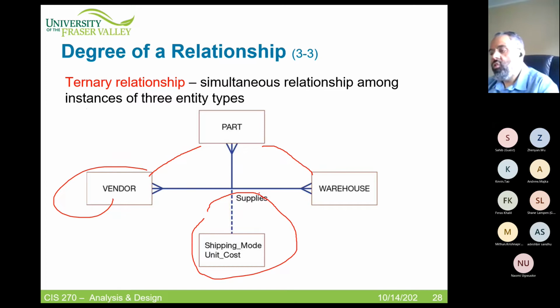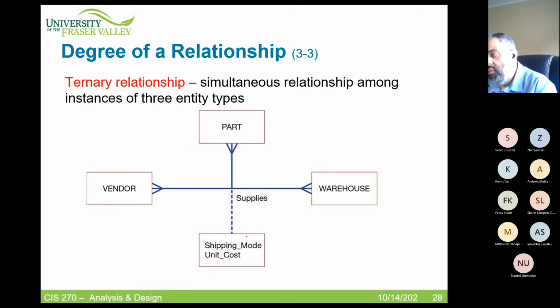So this is a relationship. Later, maybe we can create something we name an associative entity type. However, this is because there are some attributes that are related to the relationship, not to one of the entity types.